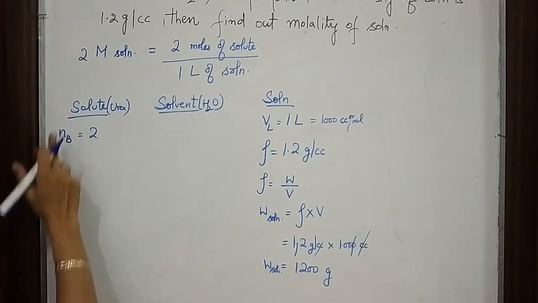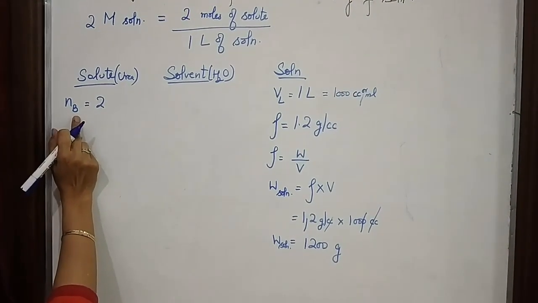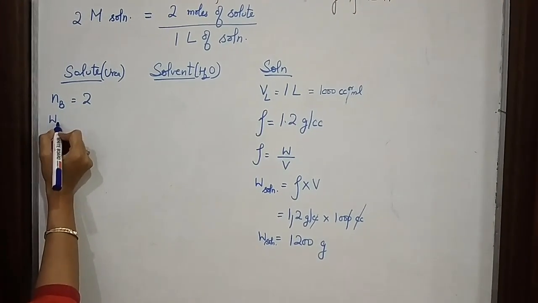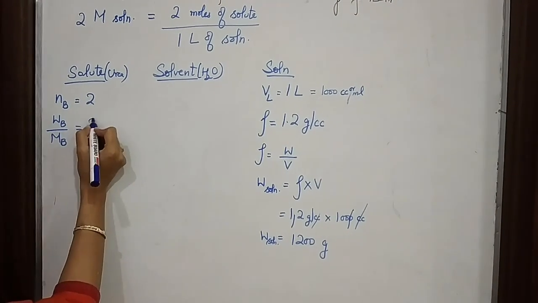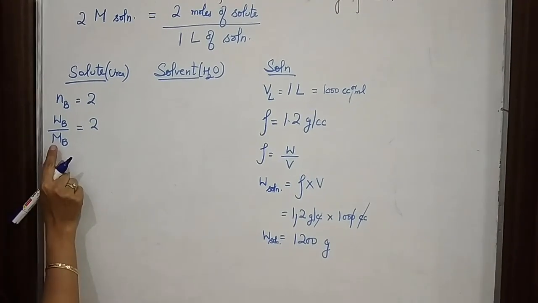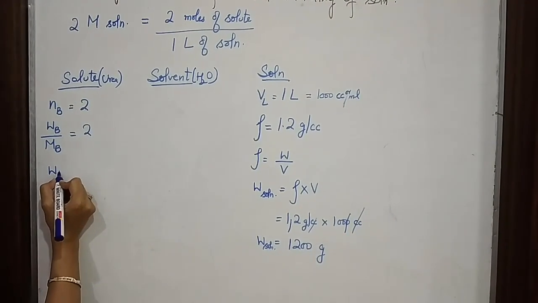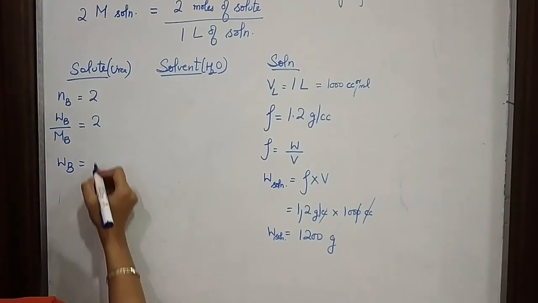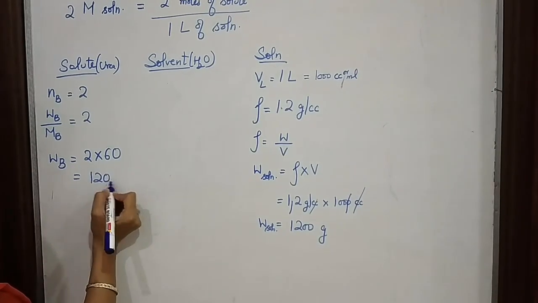Now move towards the solute side. You have been provided the number of moles of solute, that is 2, and we know that number of moles is equal to mass upon molar mass, which is equal to 2. Molar mass of urea is 60. So we can easily find out the mass of solute, which comes out to be 2 into 60, that is 120 gram.